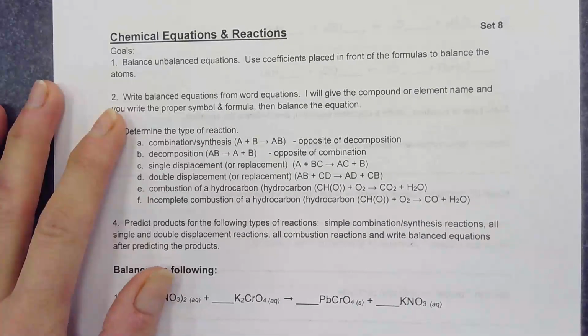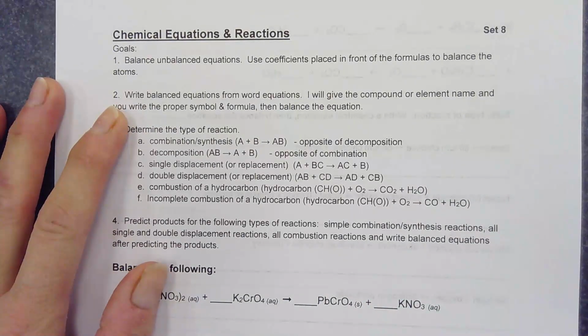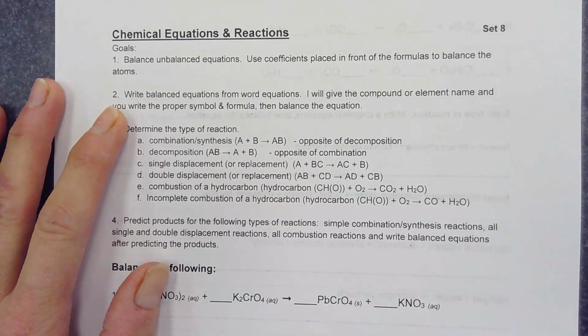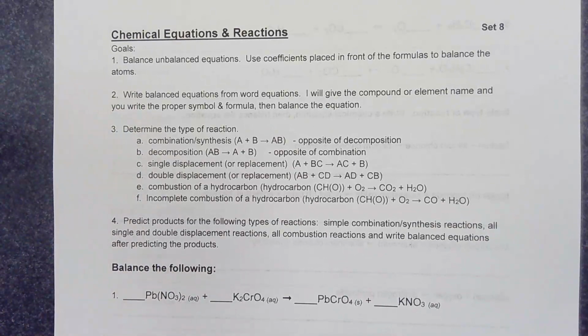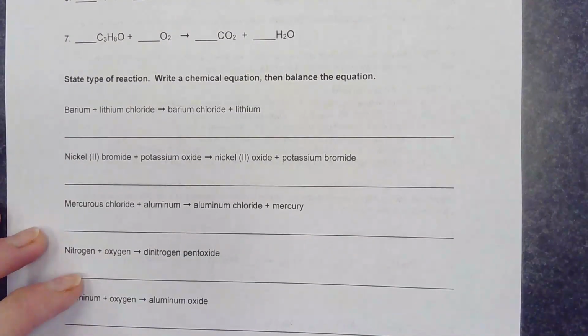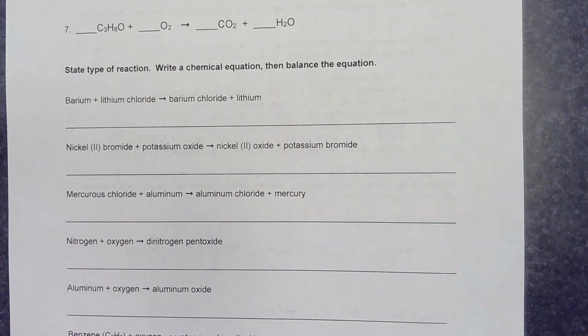The second thing you should be able to do is, if I give you a word equation, you should be able to write formulas, hence you must know your ions, and balance the equation. So in other words, if you flip through these notes to the next section, it says, state type of reaction, write a chemical equation, then balance the equation.